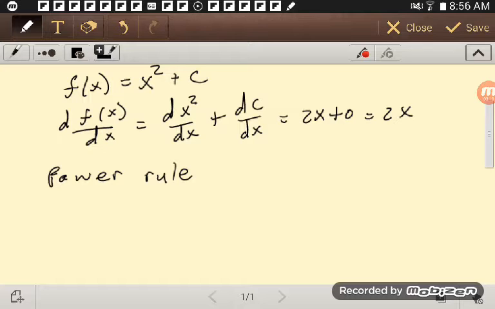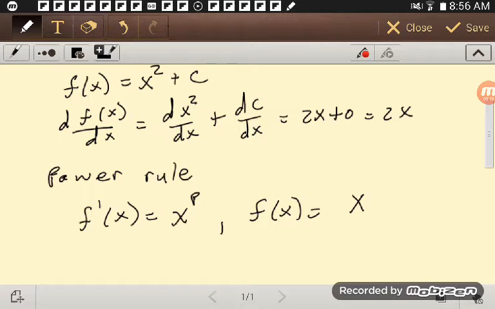So if we have f prime of x is equal to x to some power p, then f of x must have been, well, remember when we took the derivative, we subtracted 1 from p, so now we need our p plus 1 so that when we take that derivative, we bring that down to a p.